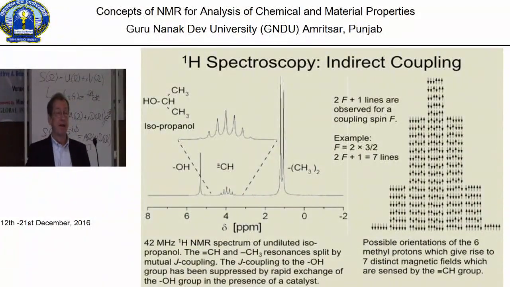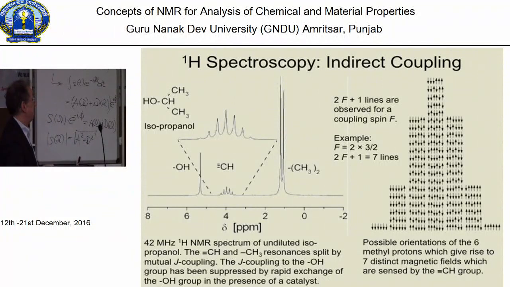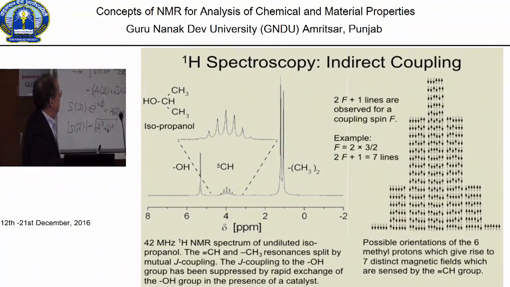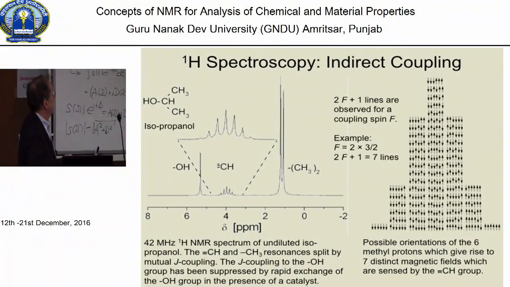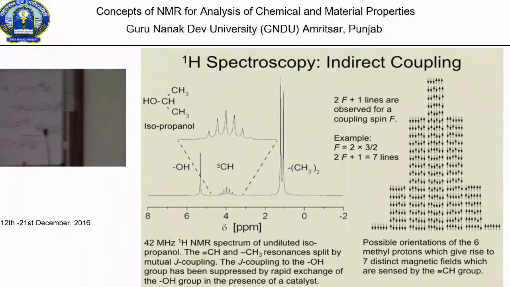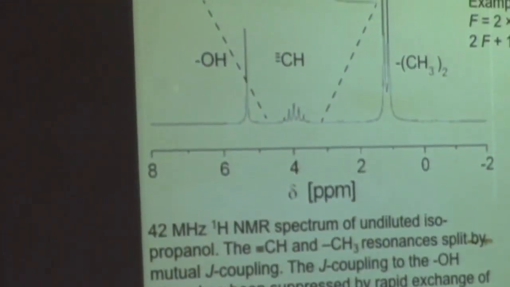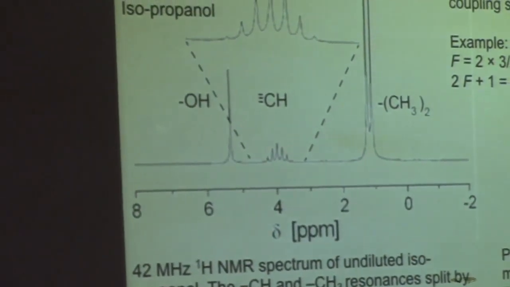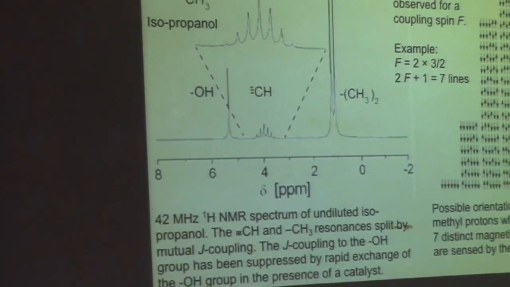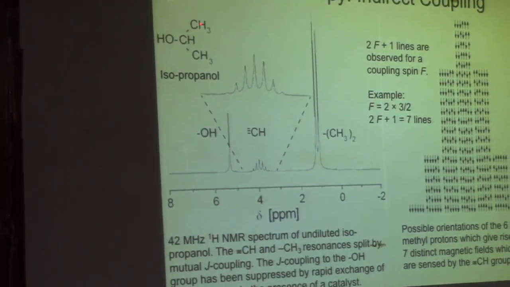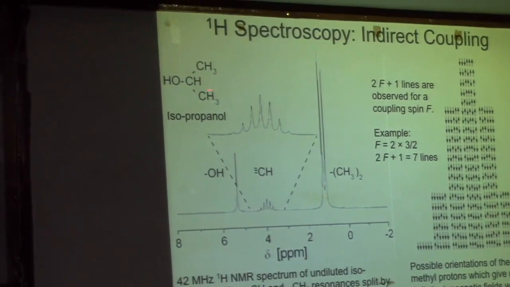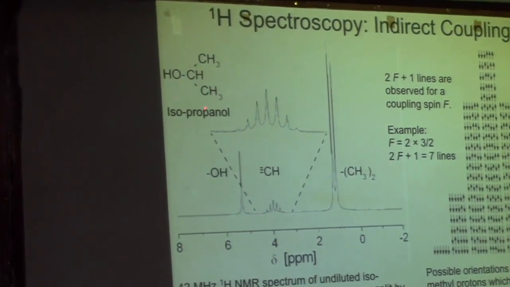Okay. Here's a more complicated case, just to exercise that part. That's isopropanol. We look at the resonance of the CH group. Okay? And the CH group has 2 CH3 groups at magnetically equivalent positions. So we have a total spin of 3 halves here, and a total spin of 3 halves here.